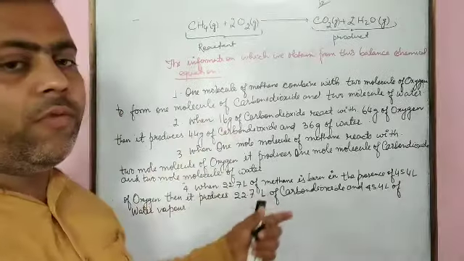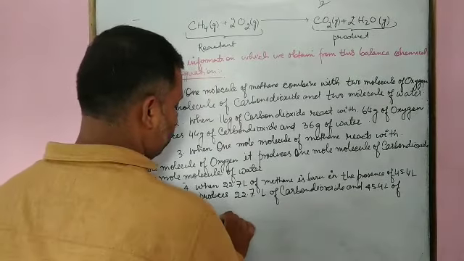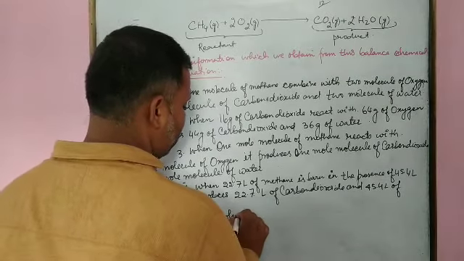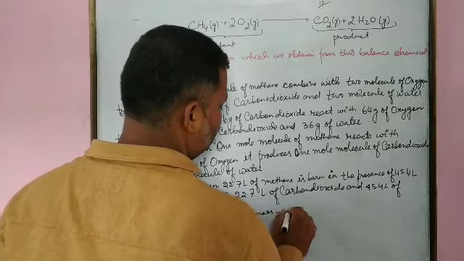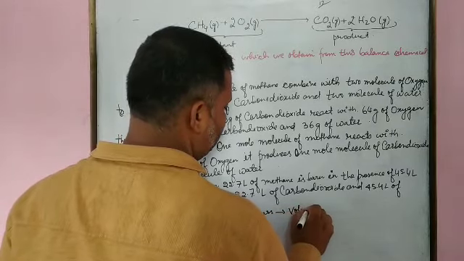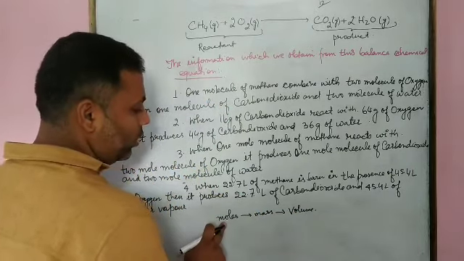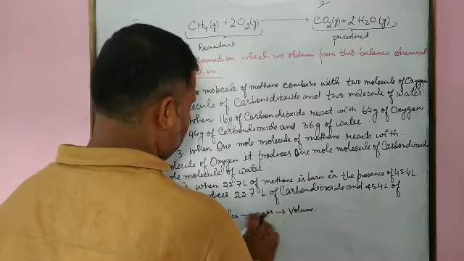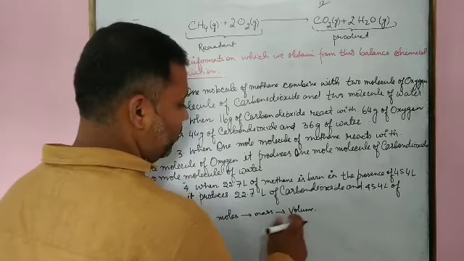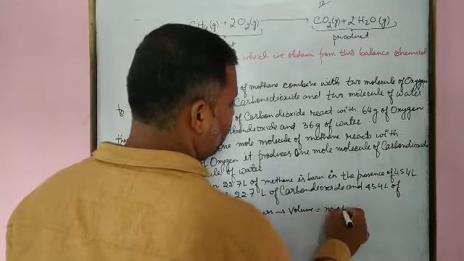This is how we are going to relate moles with mass with volume. It means we are going to relate the number of moles, mass and volume together with the number of molecules.